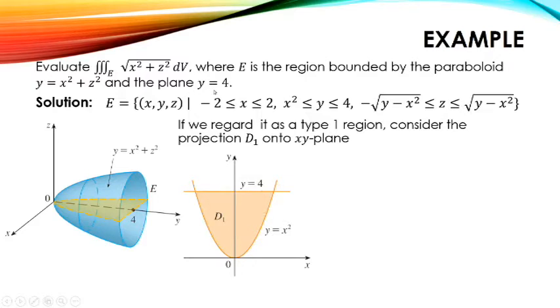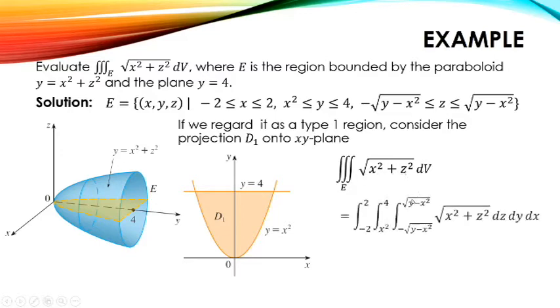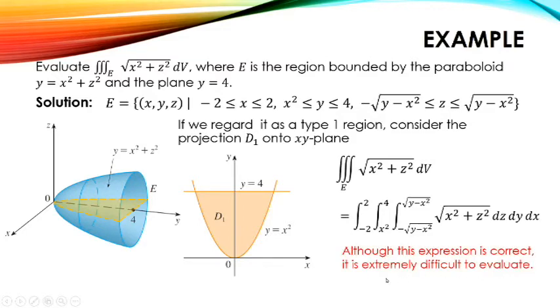So yung plane na y is equal to 4. So the triple integral of the given function square root of x squared plus z squared dV would become like this. Okay? Although this expression is correct, it is extremely difficult to evaluate. So dahil puro square root, pag nag-substitute pa tayo, magkakaroon ng stacks of square roots.